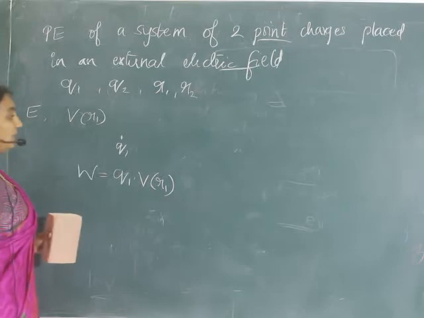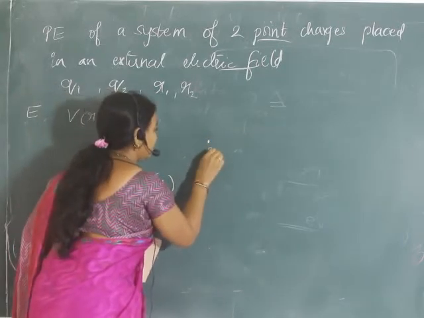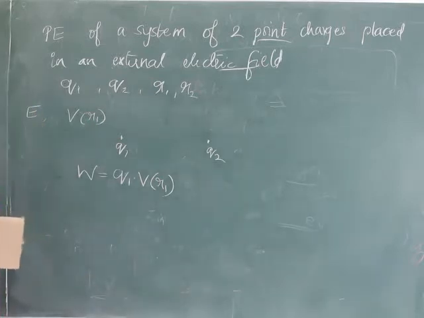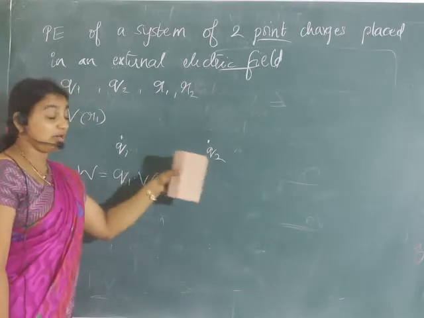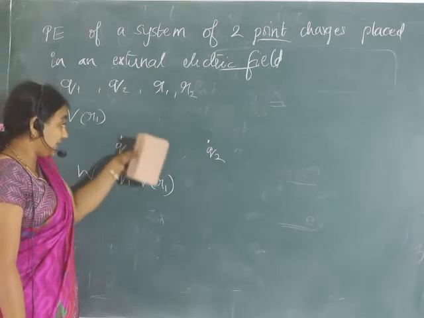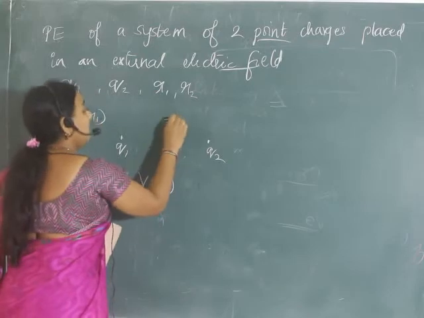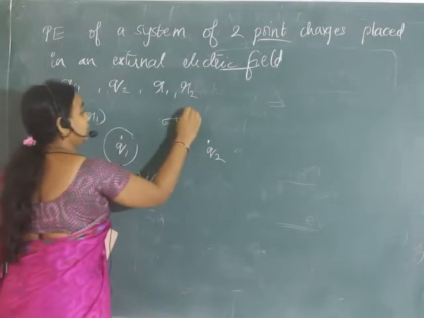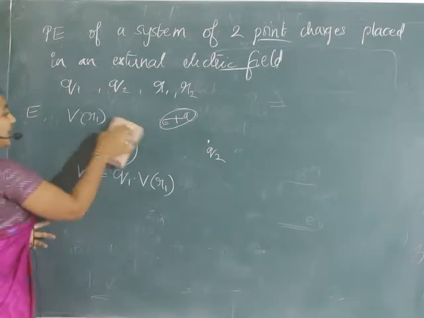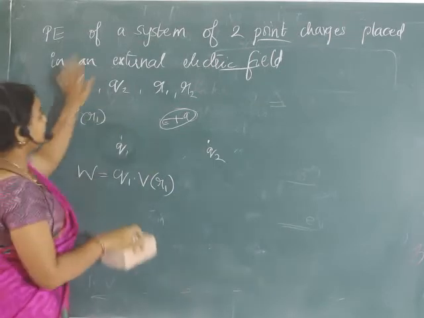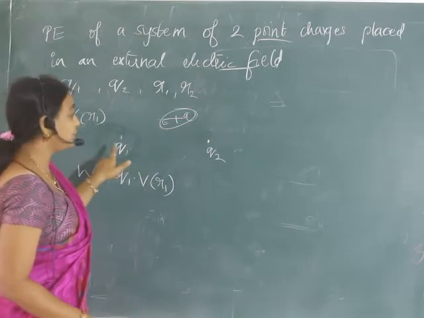Next, one more charge I want to bring and place at this point, that is Q2. Now there are two potentials: one is the external potential, another is the potential due to the charge Q1.